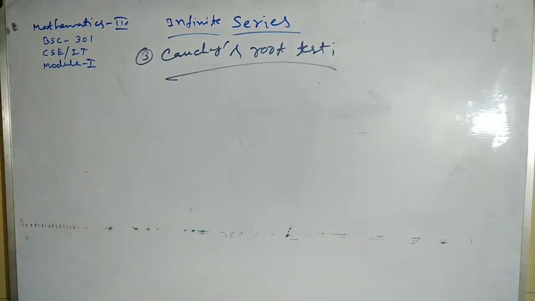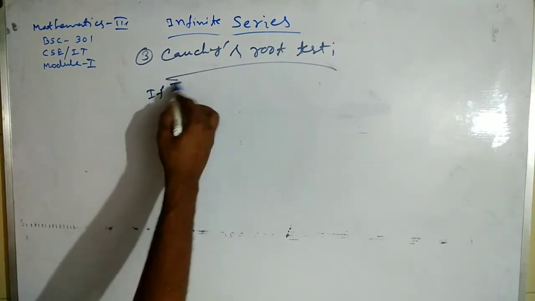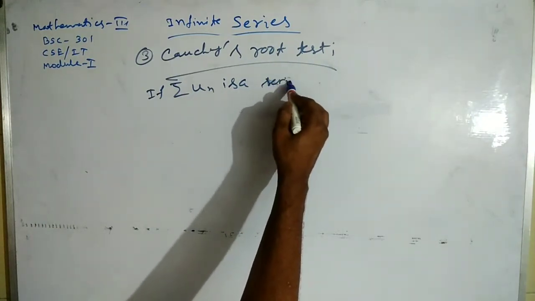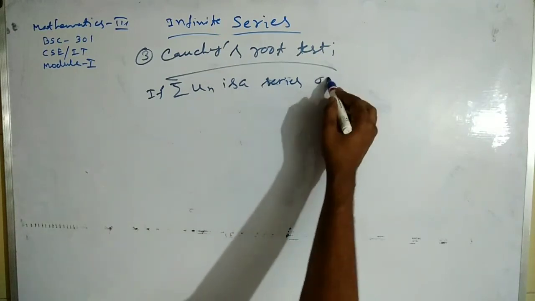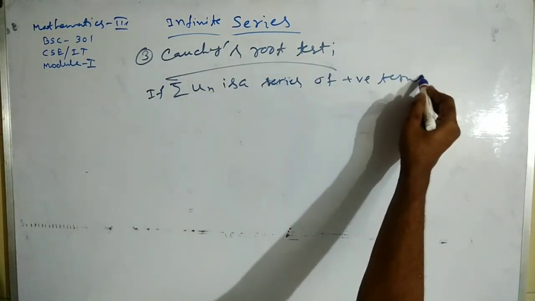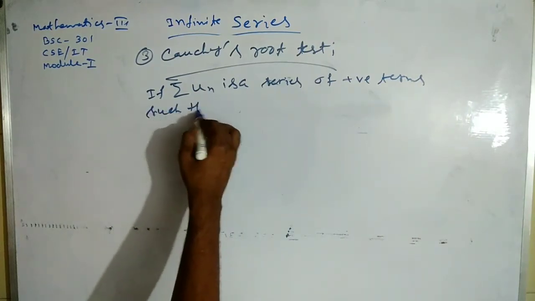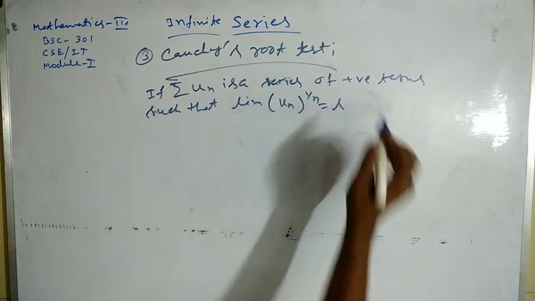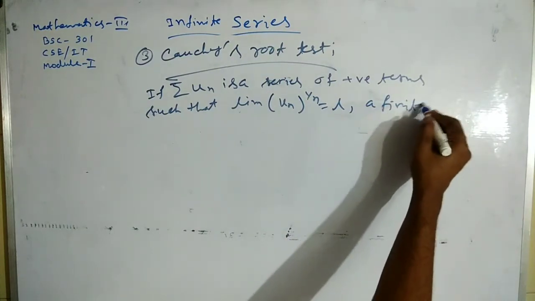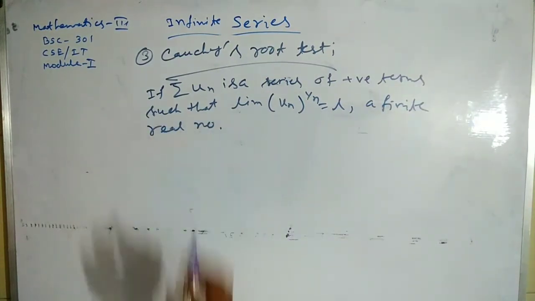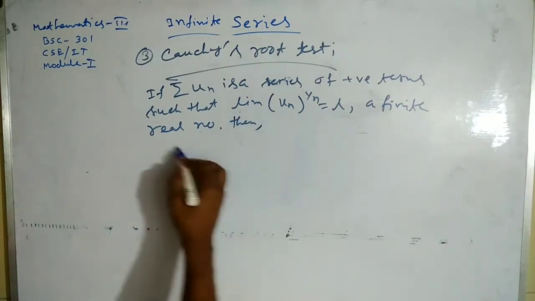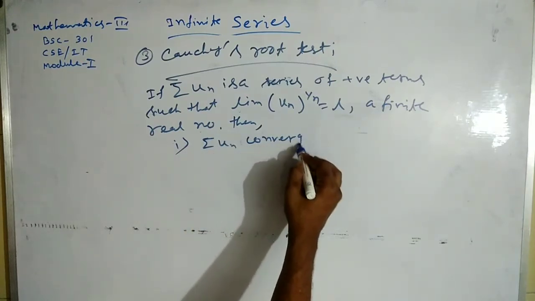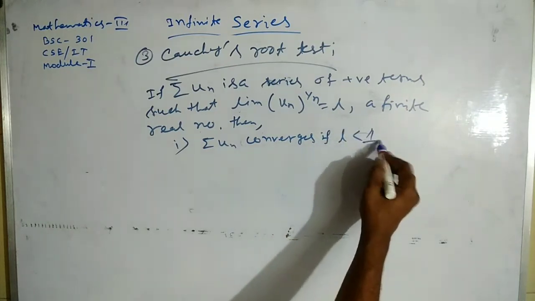The statement of this test is: if summation un is a series of positive terms such that limit un whole to the power 1 by n equals L, a finite real number, then number 1, summation of un converges if L is less than 1.